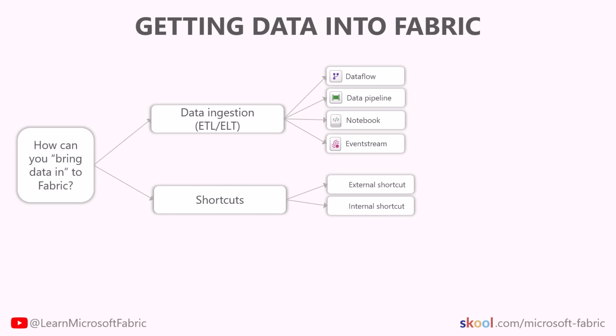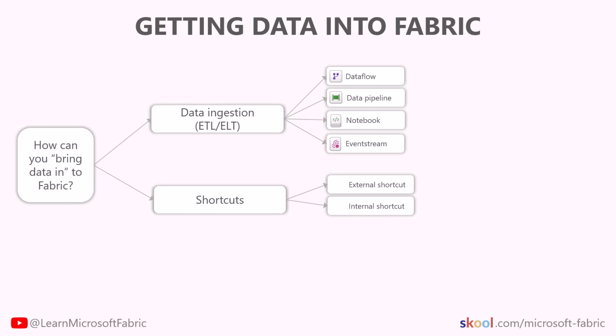Then we'll be looking at shortcuts. Now, shortcuts are a really cool feature in Fabric, and they don't require an ETL process. Instead, with shortcuts, we create a replica of files in external locations. So if you have files already in ADLS, Azure Data Lake Storage, or maybe even in Amazon S3, or in the Dataverse, maybe you've got a Power App, you can create a shortcut to this data, and it creates kind of like a live sync of that data.